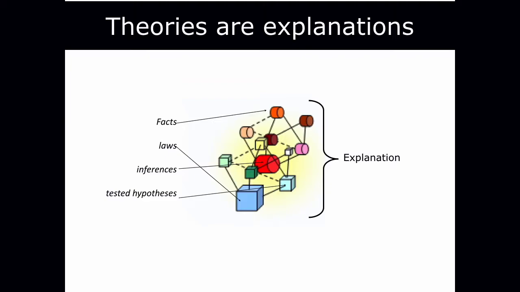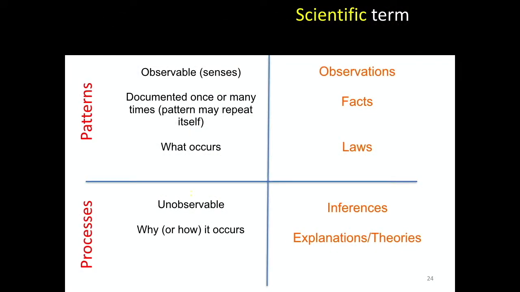So a theory is a complex structure that tries to explain something in the same way that if you had to explain something about practically anything in the world, you would need to bring together a whole bunch of different ideas. Patterns. So again, patterns relate to observations, facts, and laws. On the other hand, inferences, explanations, and theories relate to processes. They're unobservable, and they explain how or why something occurs.